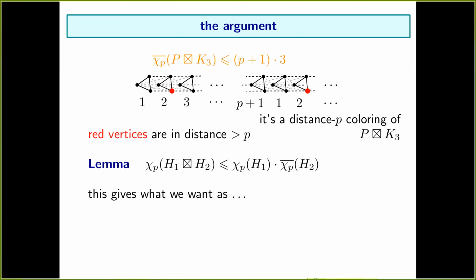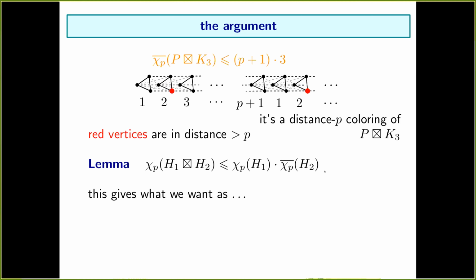When we take two graphs and a strong product of those, and we are interested in the p-centered chromatic number of the resulting graph, then we can bound it by taking the p-centered chromatic number of one of those, say the first one, and multiplying it not by the p-centered chromatic number, but by this stronger chromatic number, the distance p chromatic number, and this will work.